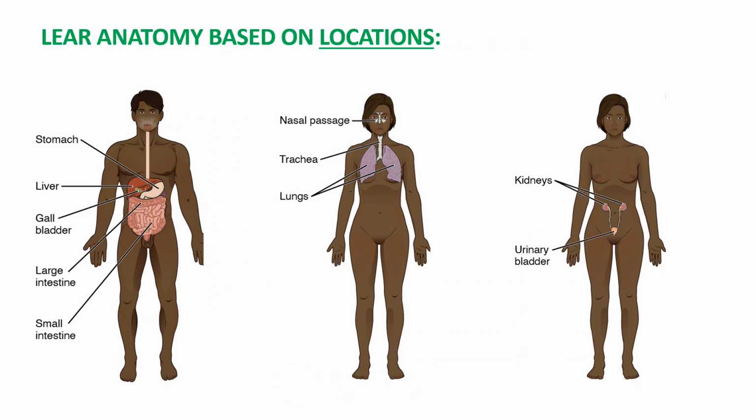Now, here's the problem with anatomy. When trying to learn anatomy, sometimes you get comfortable when we show you pictures of organ systems like this. The reason we do that is because we want to show you each individual organ.